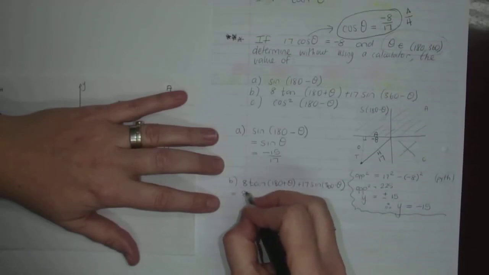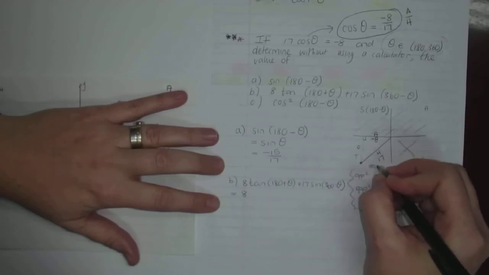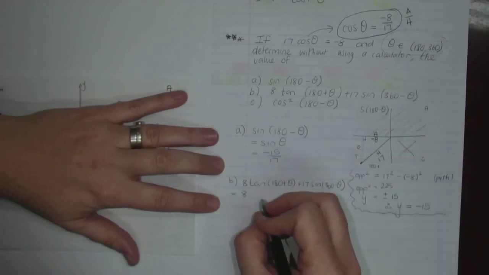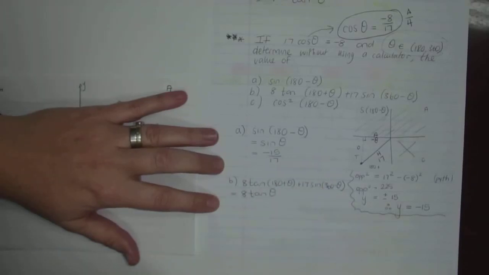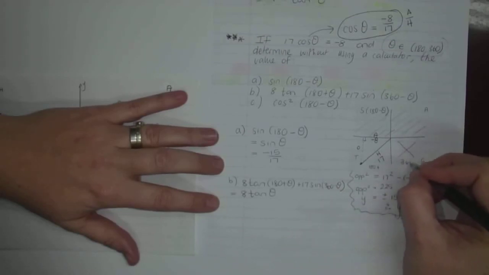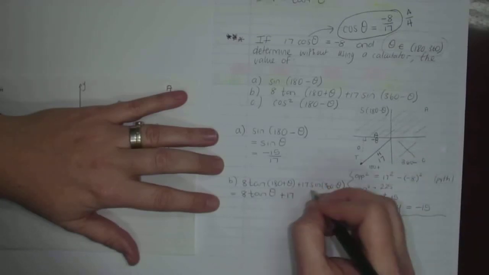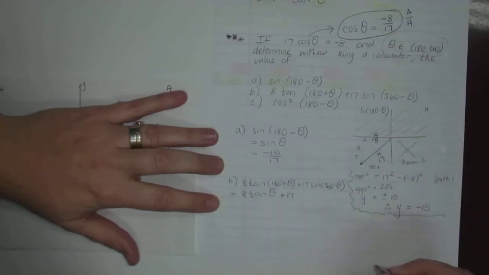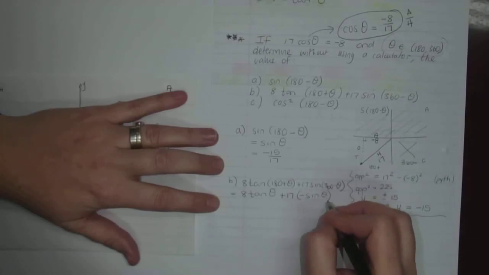In 180 plus, it's here, tan is positive, so this is going to become 8 tan theta. 360 minus is there, and I know only cos is going to be positive, so sine of 360 minus theta is negative sine theta.